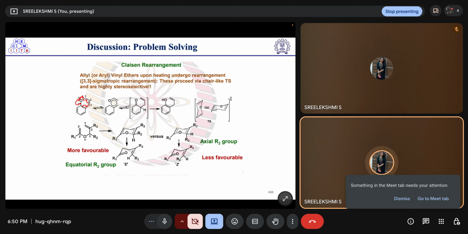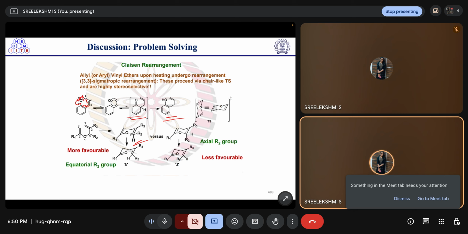So that is happening here. If we see the product, it will be like this one, which again will aromatize to give this compound. So this is basically the Claisen rearrangement. It is a kind of 3,3 sigmatropic rearrangement, and it proceeds via a chair-like transition state like this.